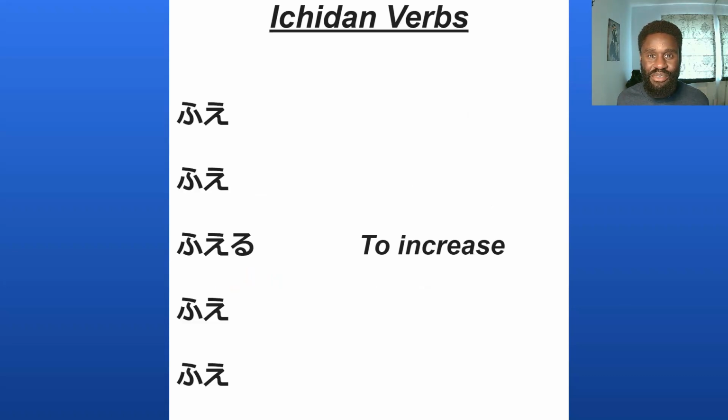For Ichidan verbs, the te form in most cases is simply just te. So, fueru in its dictionary form, to increase, becomes fuete, which means increase it.